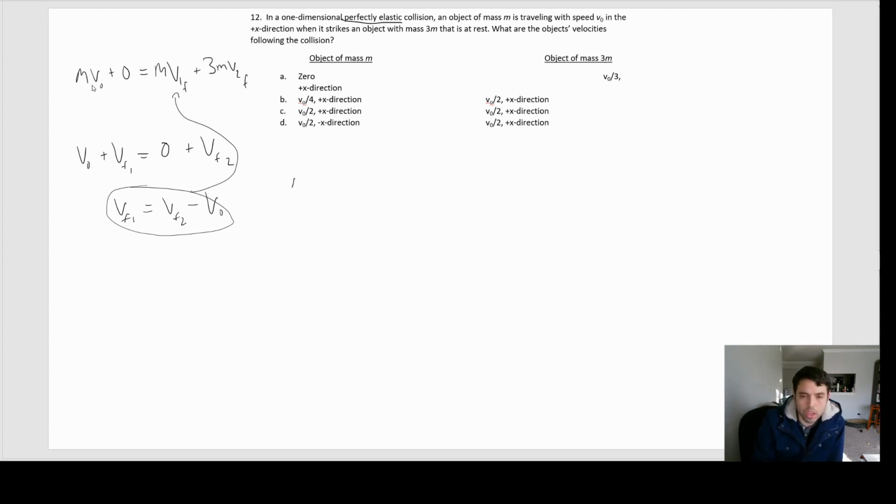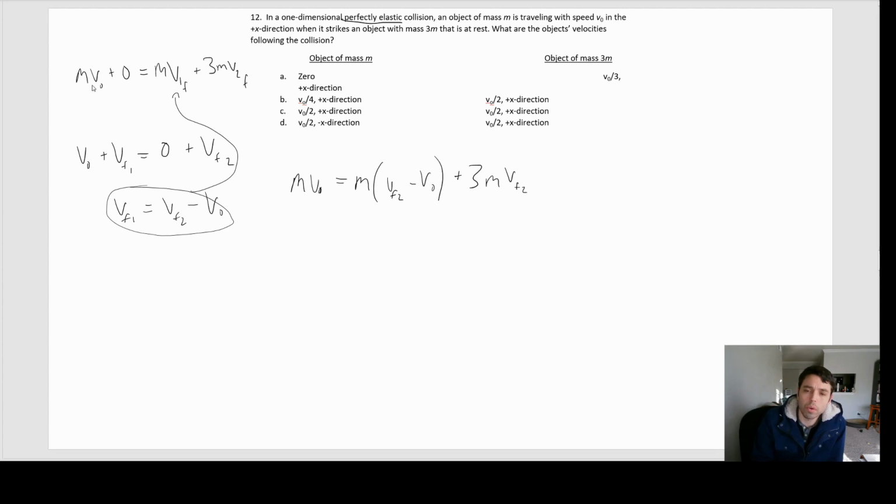I'm going to have m v0 plus 0, which I'm not going to bother writing, equals m times (vf2 minus v0) plus 3m vf2, the final velocity of object 2.